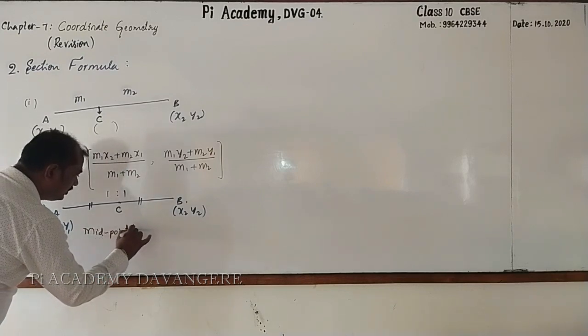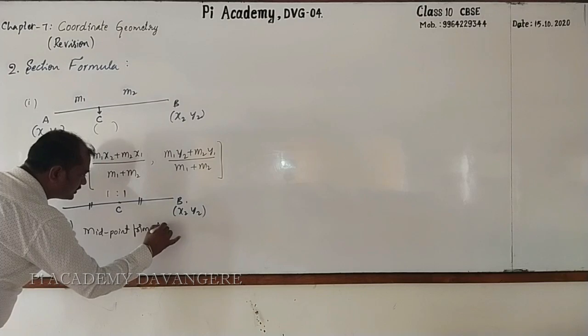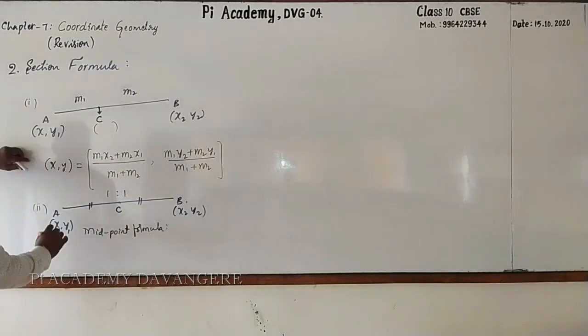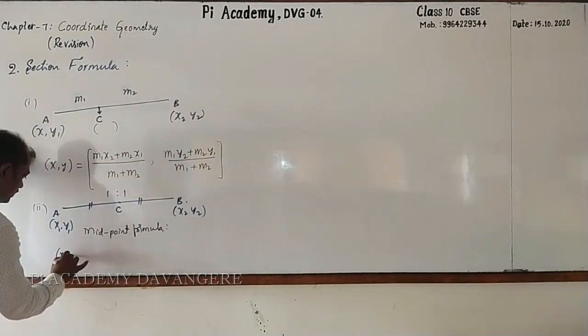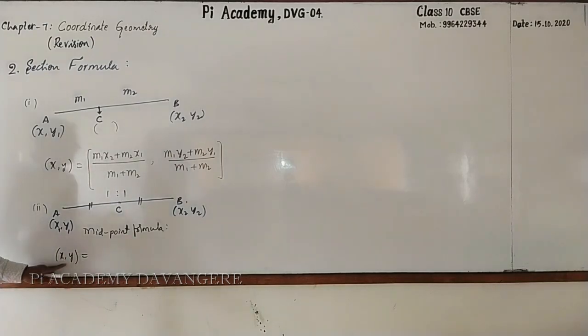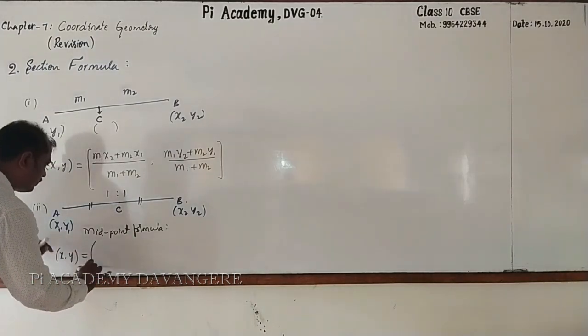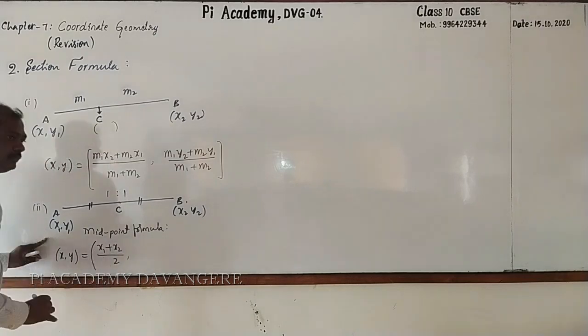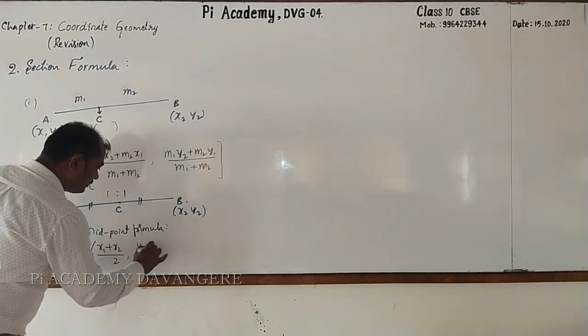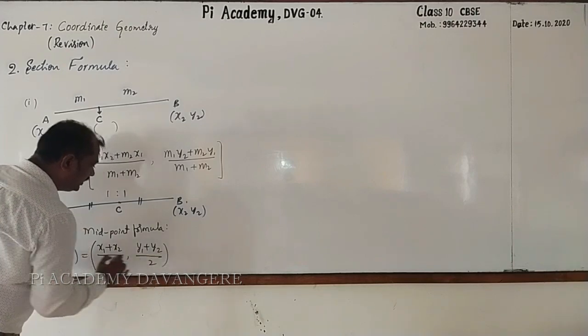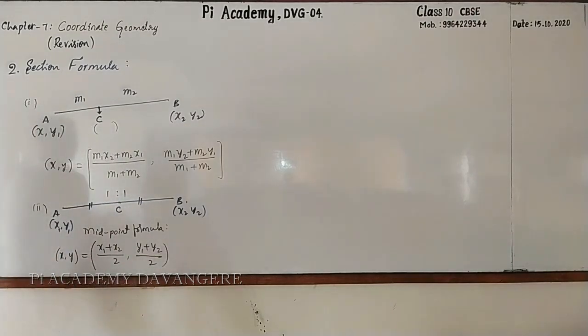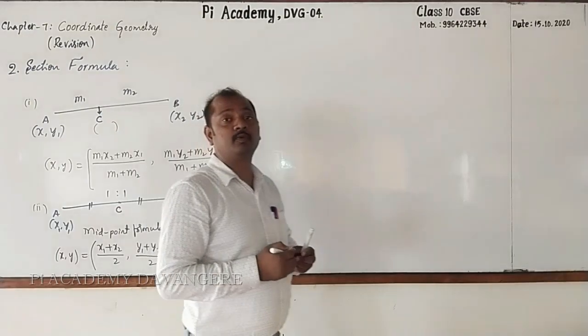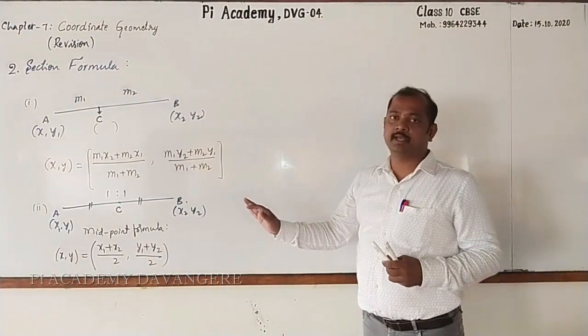The midpoint formula is used to find the coordinates of the midpoint. Here I'll write x comma y, the coordinates of the midpoint, is equal to x1 plus x2 by 2, then y1 plus y2 by 2. Followed? Okay. Now let me go for taking a few simple examples.